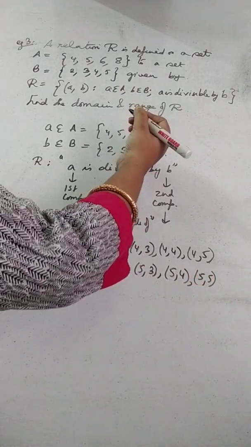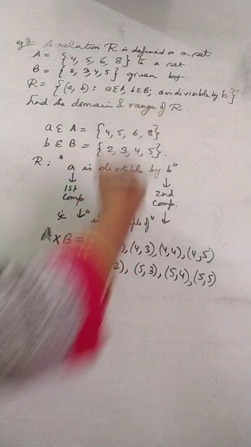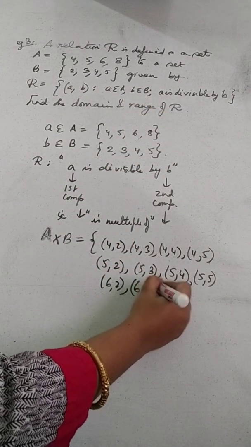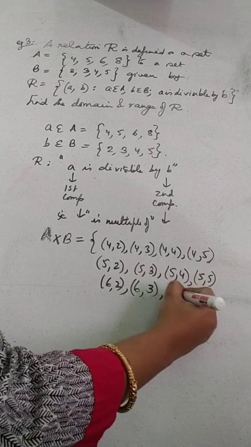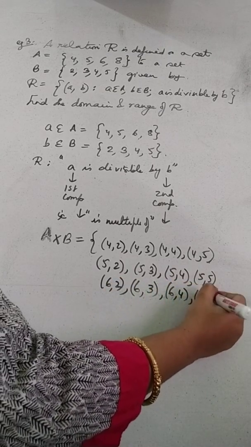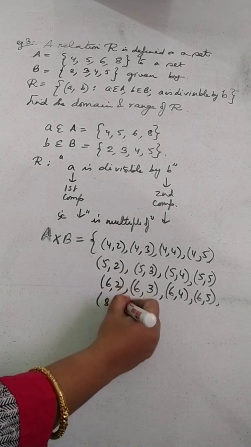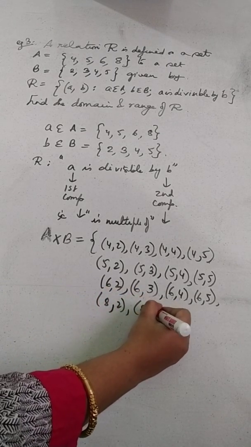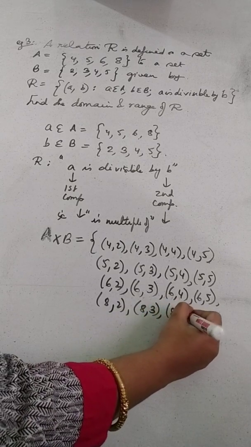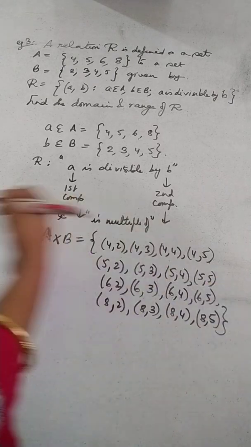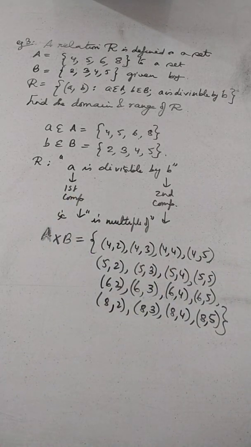With the next element, 6: (6, 2), (6, 3), (6, 4), (6, 5). Then 8: (8, 2), (8, 3), (8, 4), (8, 5). So therefore, these are the components of A cross B.